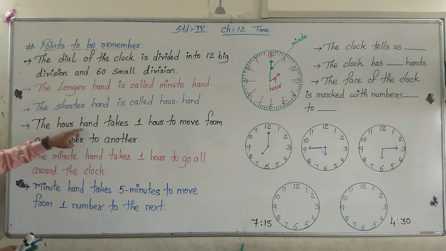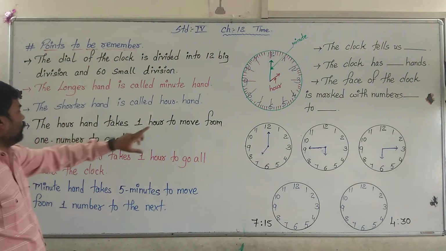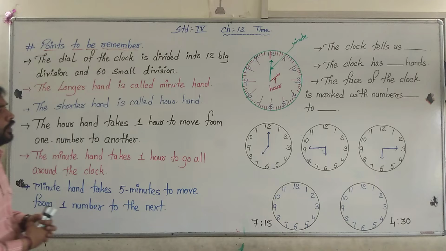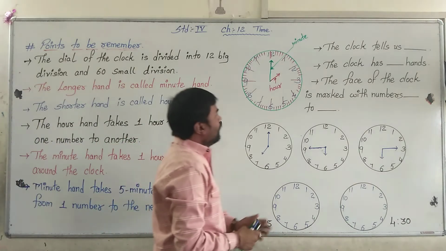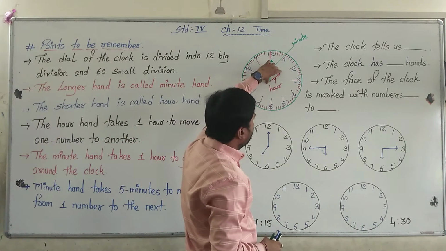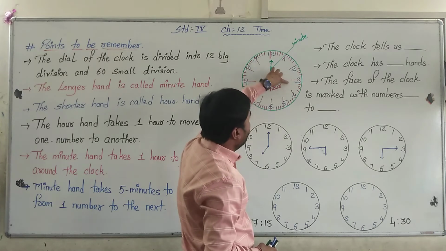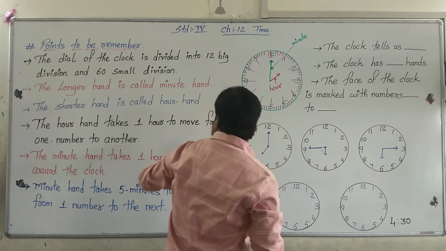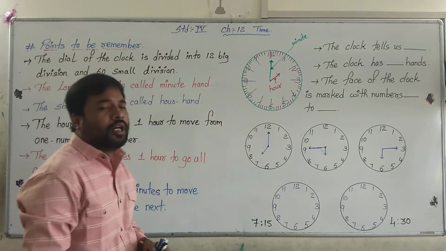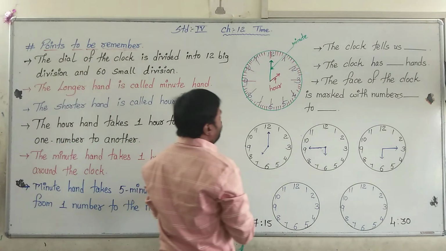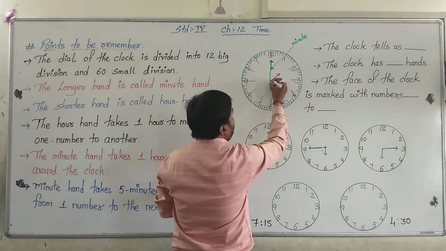The hour hand takes 1 hour to move from one number to another. Means what? If this hour hand has to move from 2 towards 3, 2 to 3 જવા માટે એને કેટલા કલાક લાગશે? It will take 1 hour to move from this 2 to this 3.